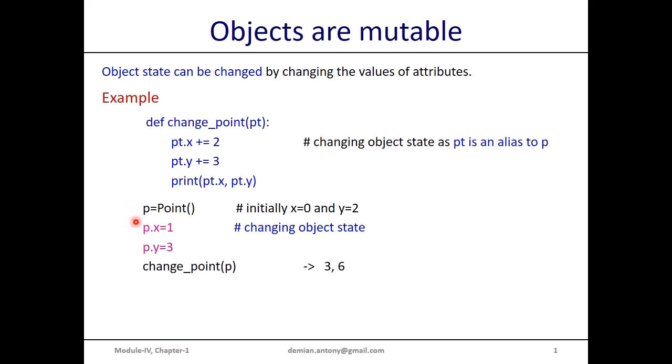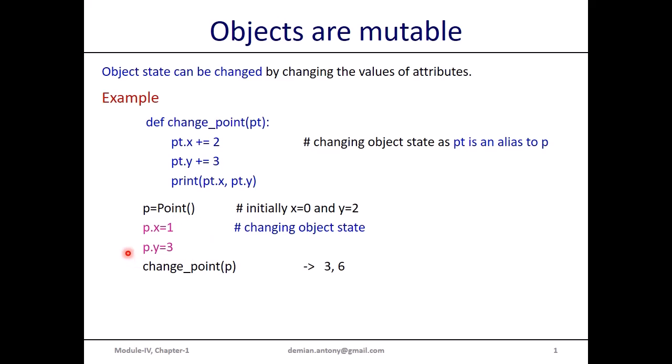In the main, we create an object point p, and we initialize this object with x equal to 1 and y equal to 3. So here p equals point creates an object p, and p has a state with the values x equal to 0 and y equal to 2, as per the definition of the class point.